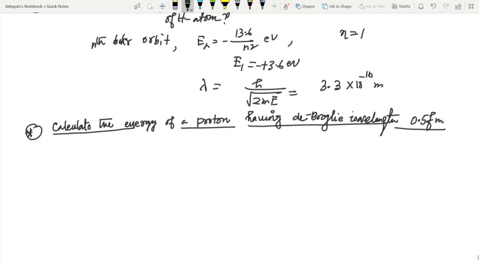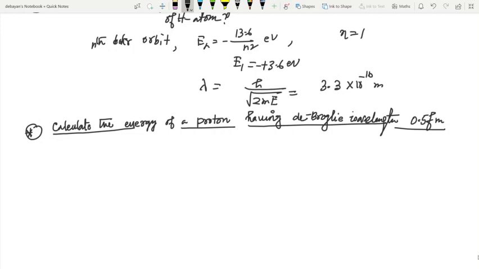The velocity that will be found is 8.25 × 10^8 meter per second, and ironically this velocity is greater than the velocity of light, and that will create a problem.